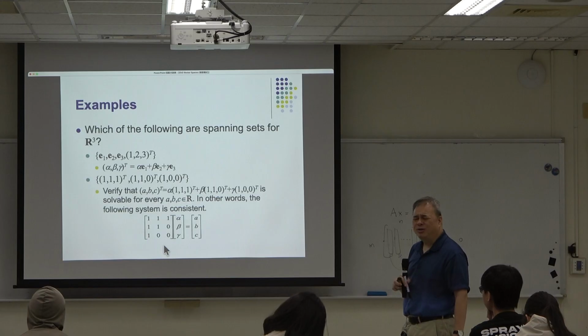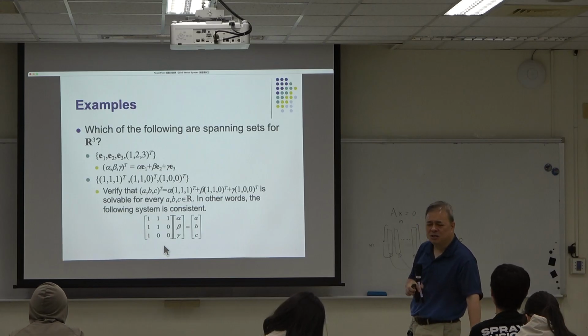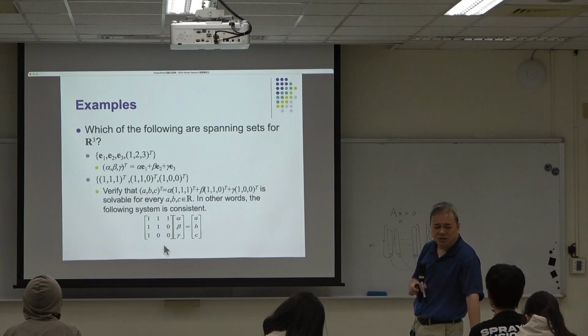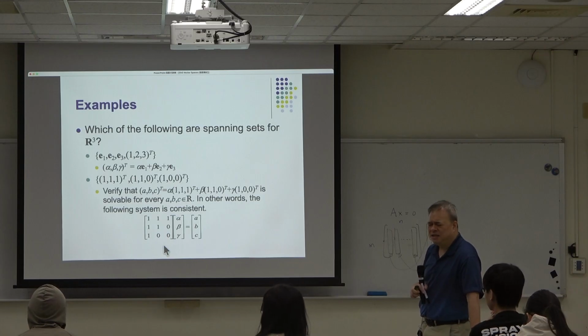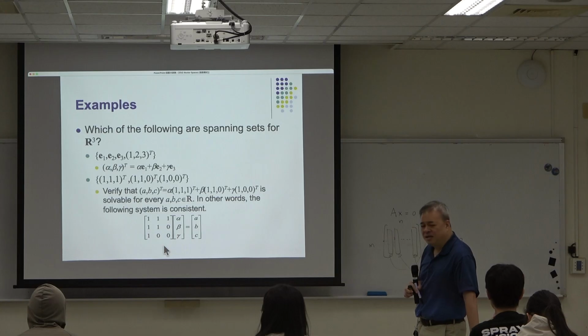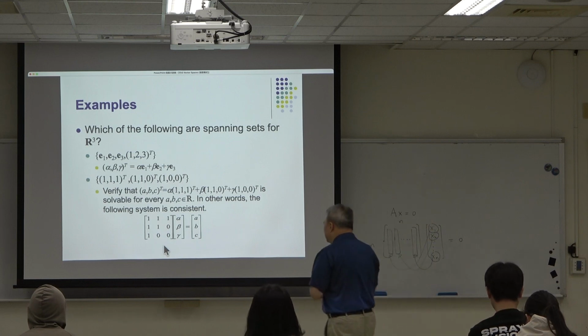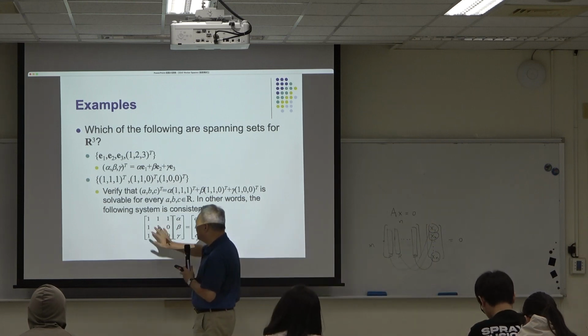It looks like you have 6 unknowns but only 3 equations, right? But in fact, all you need is to make sure this matrix has an inverse.